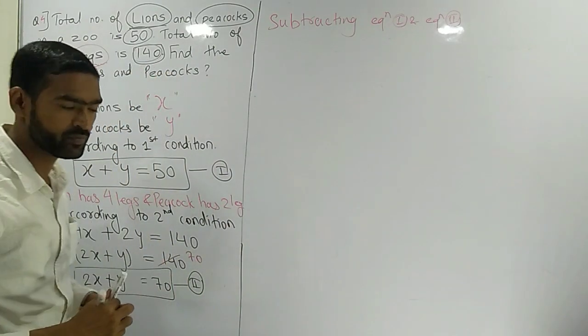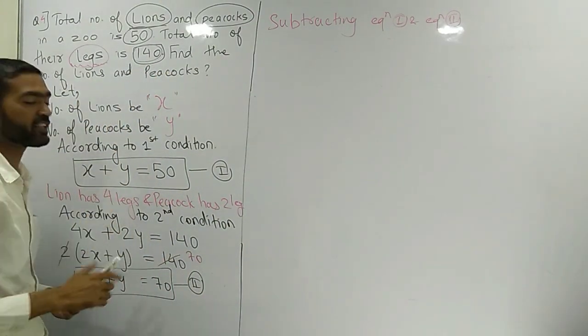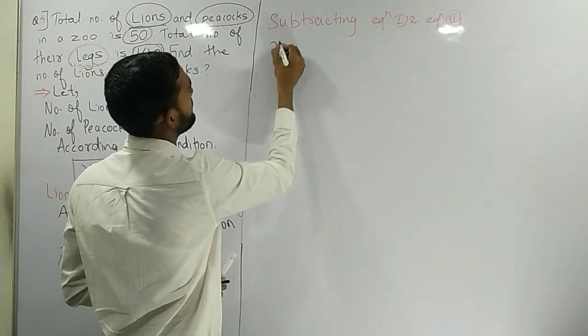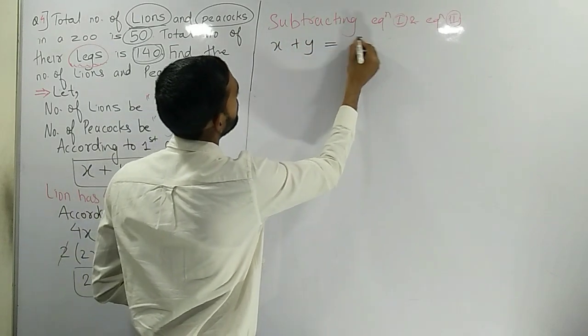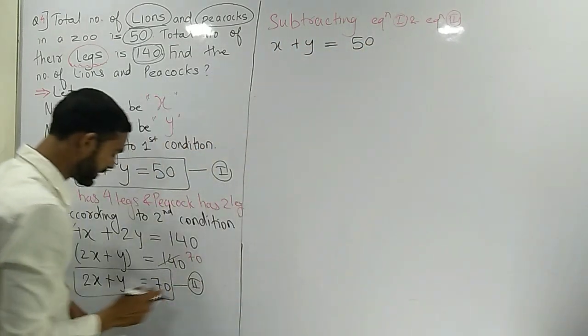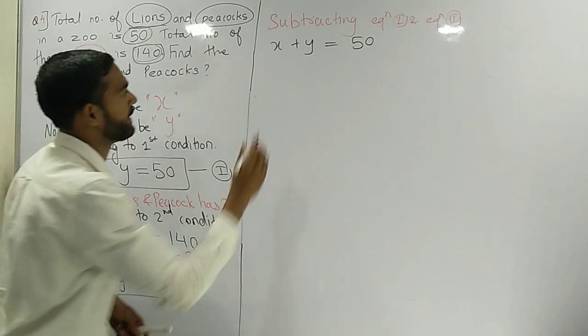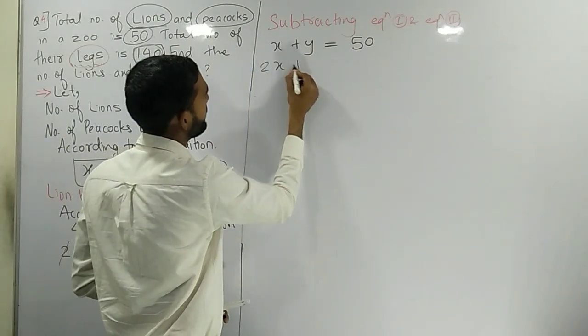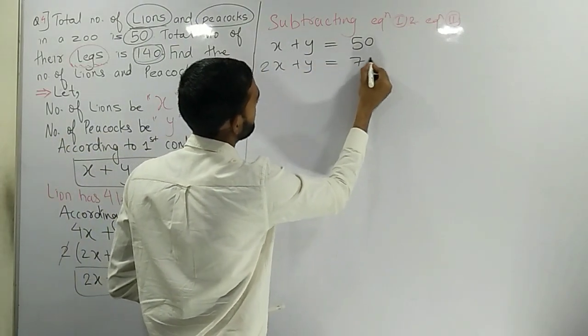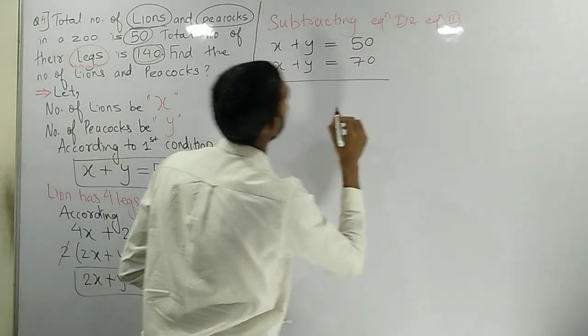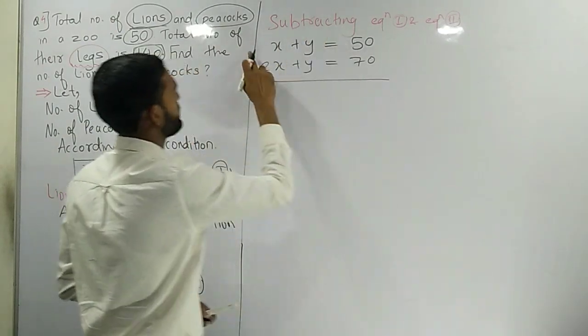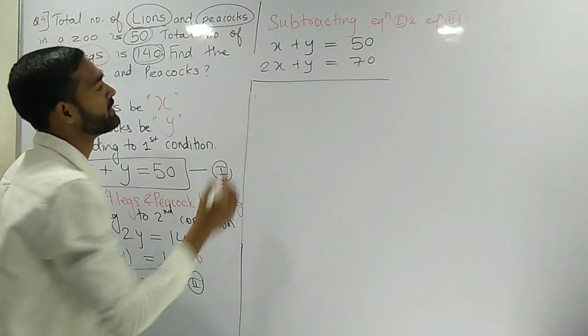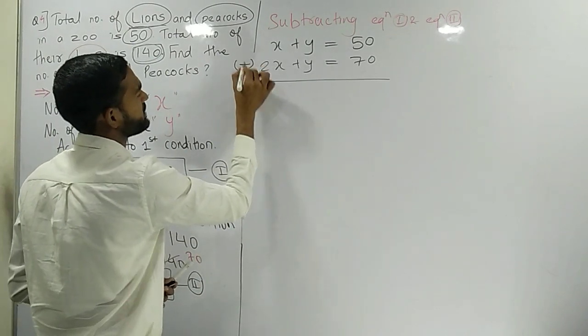Let us subtract them. What is equation number 1? X plus y equals 50. Equation number 2 is 2x plus 1y, 2x plus 1y is how much? 70. What we have written? Subtracting. What does this subtraction do? Subtraction means we'll put a minus sign.